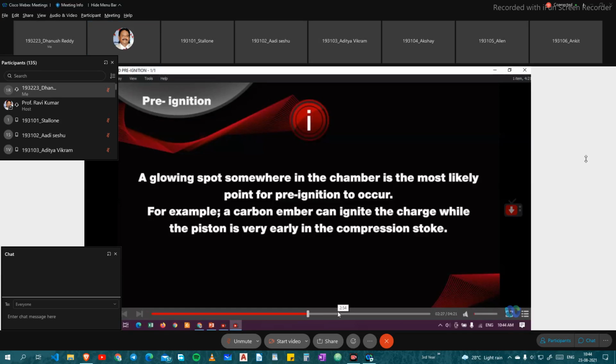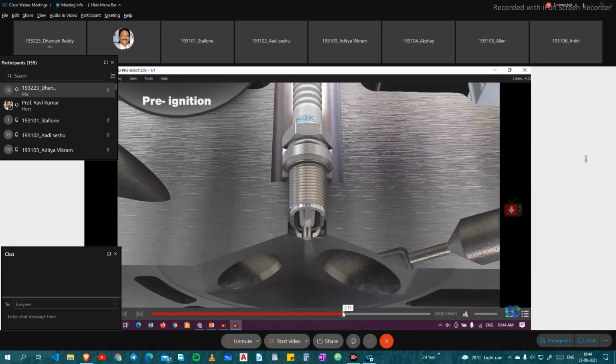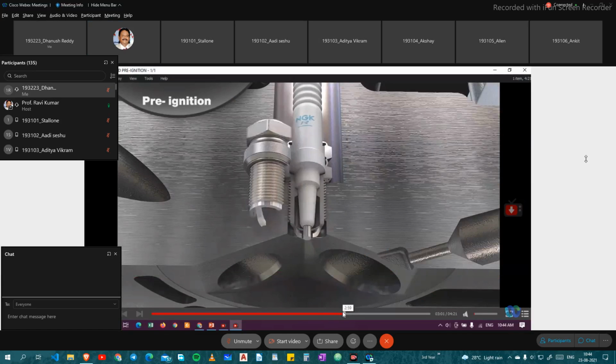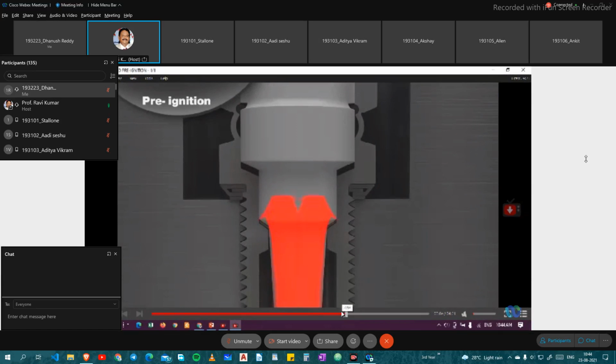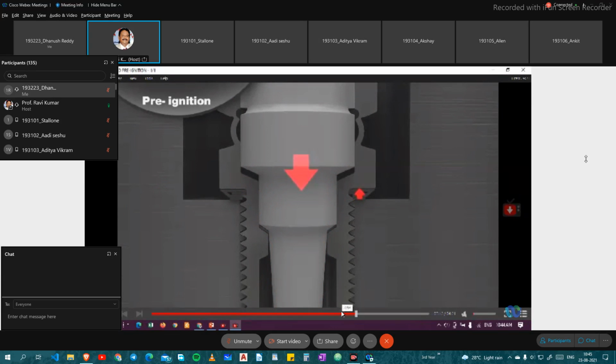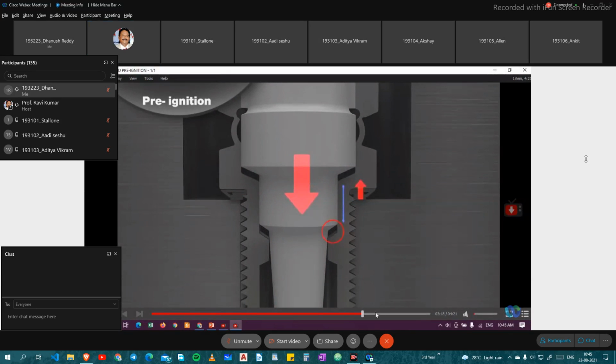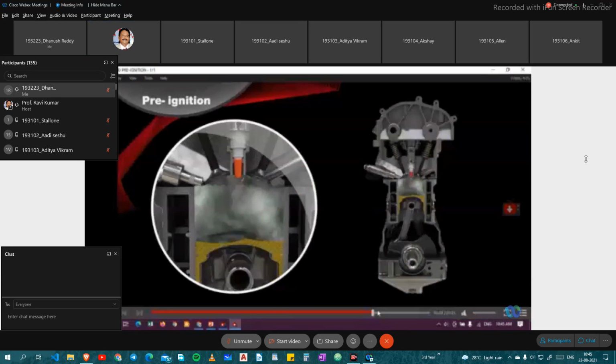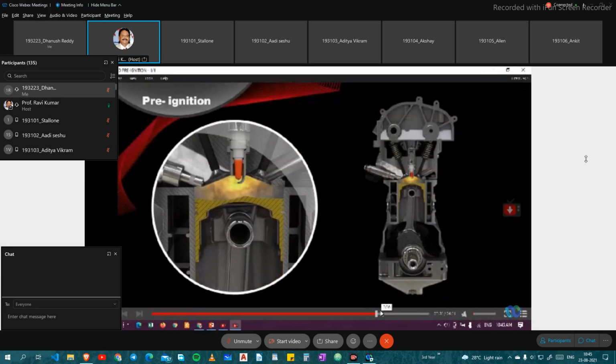As you can see very clearly, pre-ignition, why it is happening. Because whatever heat is inside the chamber comes out to the spark plug, and it has an effect. You can see how the spark plug is heated up because of the combustion temperature.